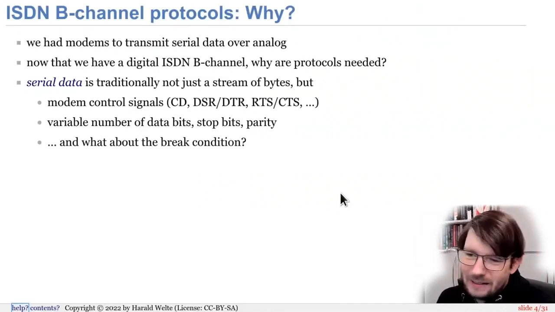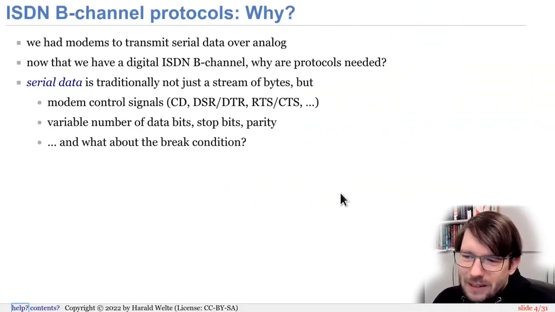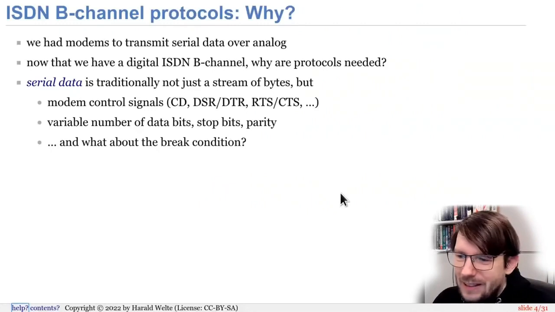Basically, ISDN replaced the classic analog telephony system. In that situation, we had modems to convert digital serial data from computers over these analog phone lines. Now that we have a digital ISDN network with a digital stream of data, why do we need any additional protocols, right?